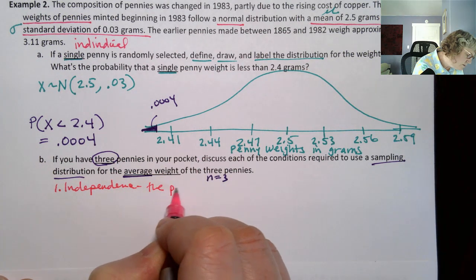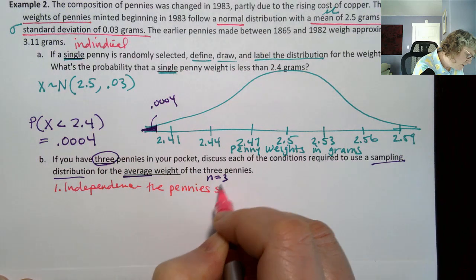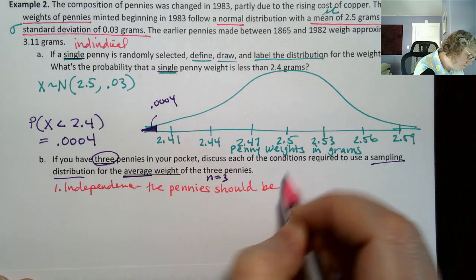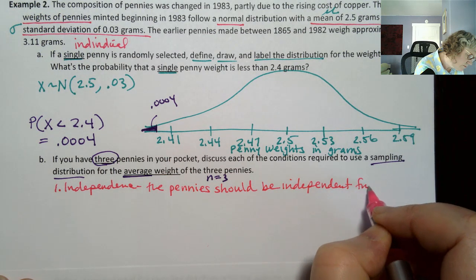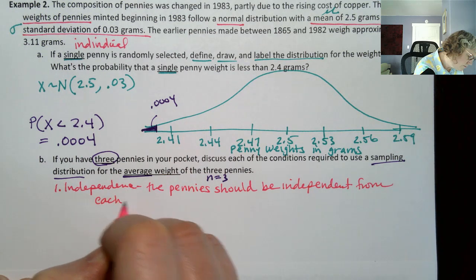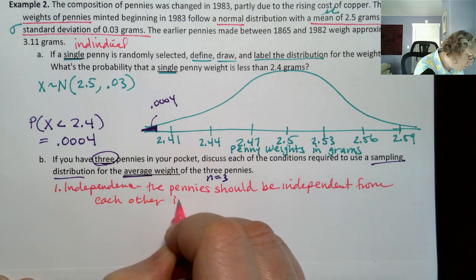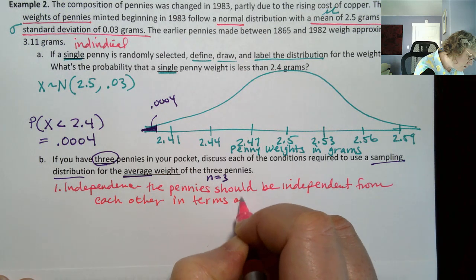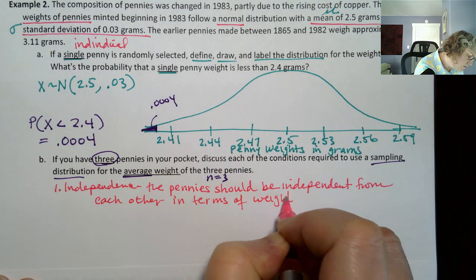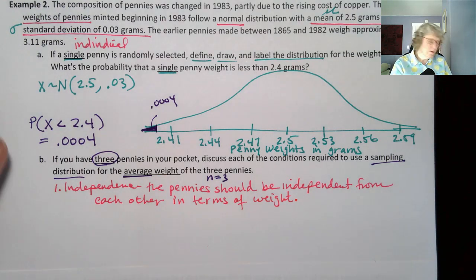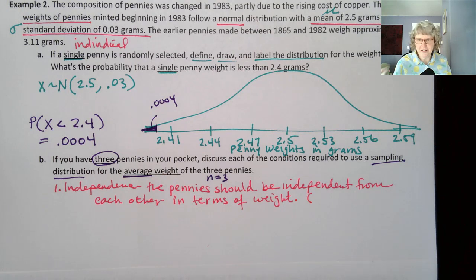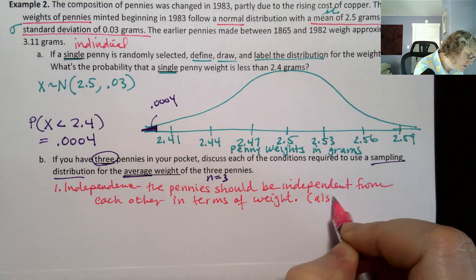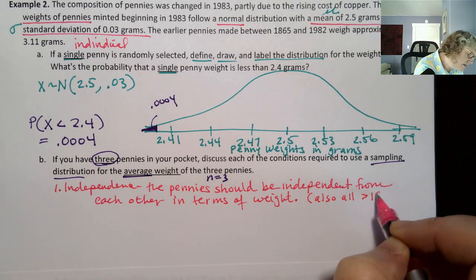The pennies should be independent from each other in terms of weight. Okay, they also would all have to be 1983 and later, right? If we're comparing pennies from earlier and later, that's not going to work. So also all, I'll say greater than 1983.